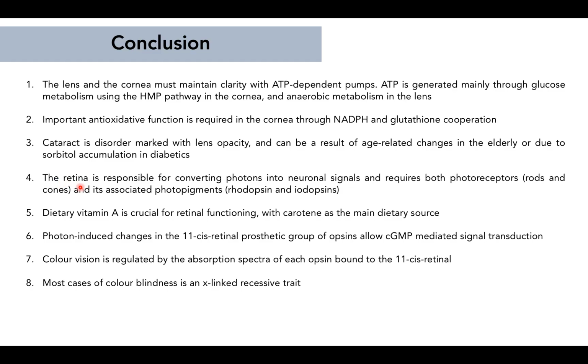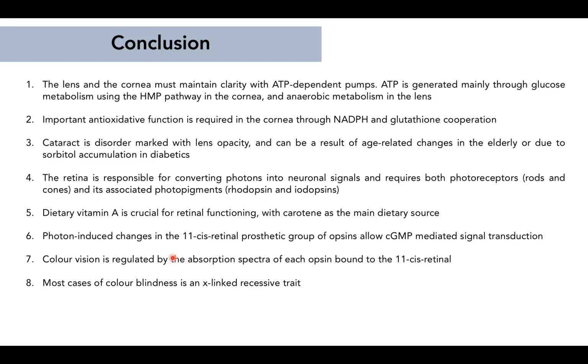When we talk about the retina, what you need to know is the process of phototransduction. We talked about the differences between rhodopsin and iodopsin and the mechanism behind phototransduction. We also talked about dietary vitamin A and why it is crucial for the function of the retina, mainly because it is crucial for the production of the 11-cis retinal that is present in all of our opsins.